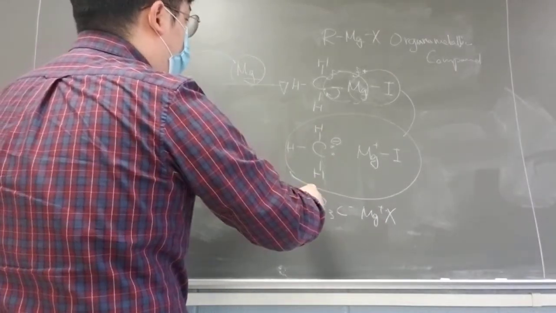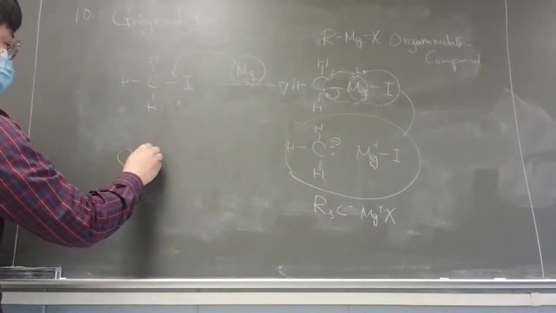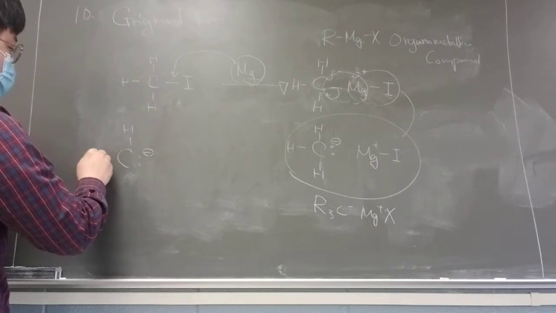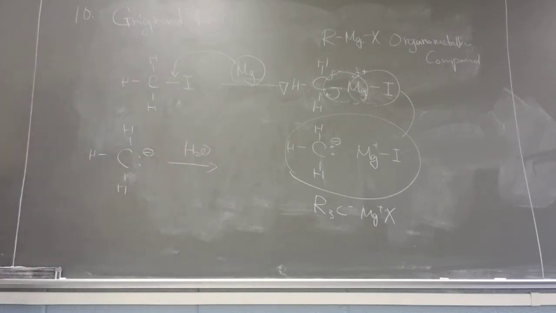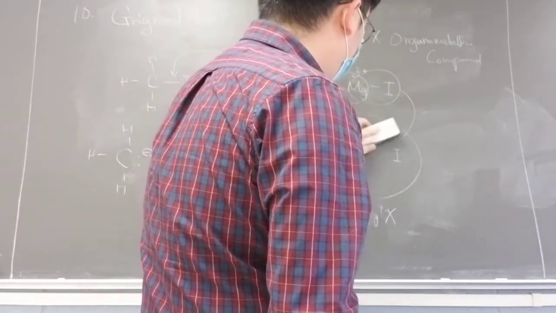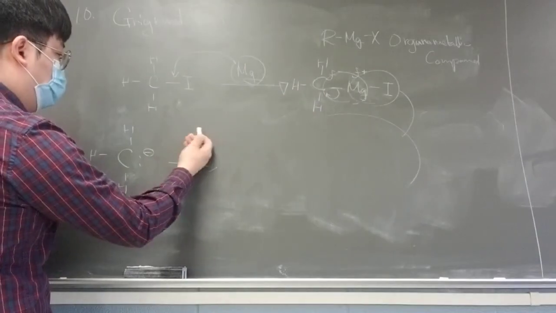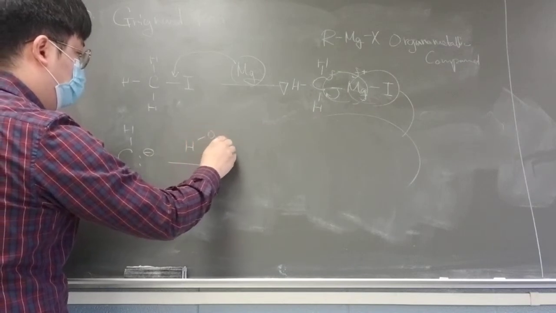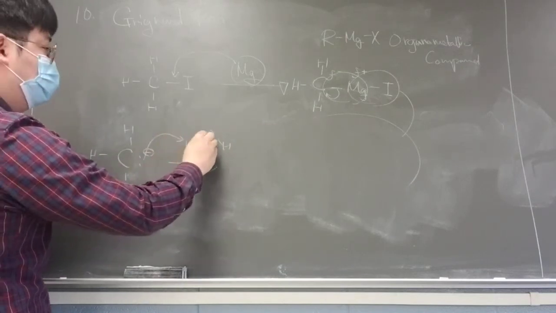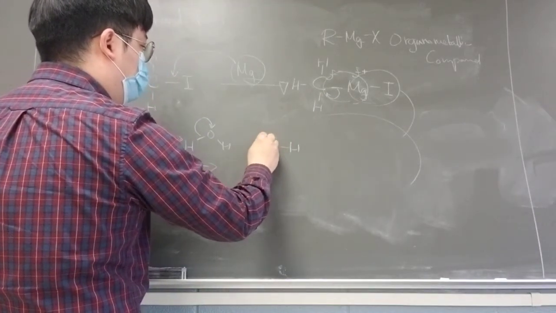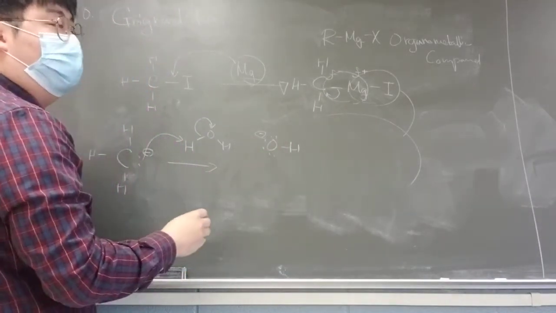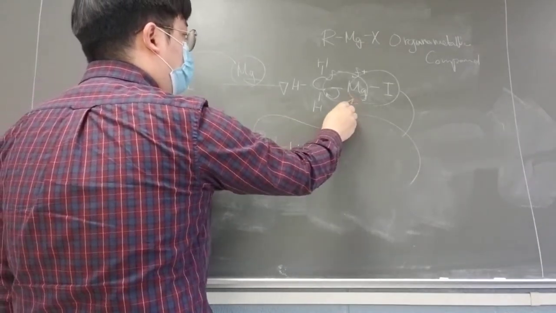So whenever it happens here, what you can do is treat it with water. But in this case, water will behave like a weak acid. So it's going to grab hydrogen, this here, and this one will become hydroxide anion and then bond to this one.